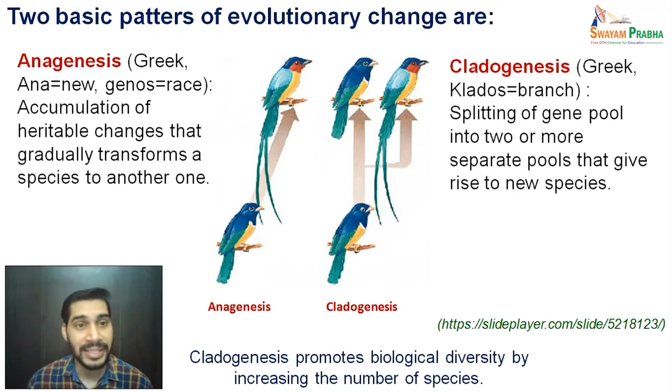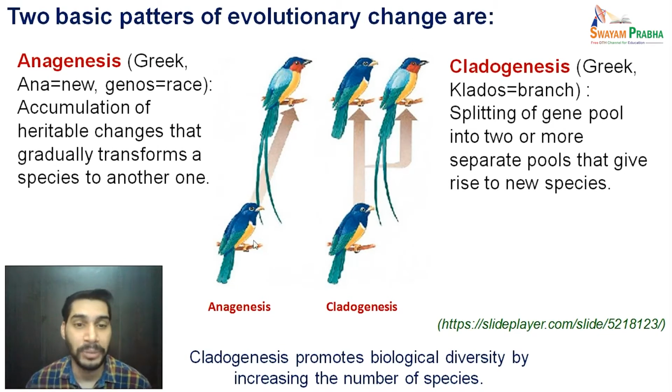Anagenesis is basically accumulation of heritable changes that gradually transforms a species into another one. It simply means that one species keeps on adapting itself to the environment. It keeps on accumulating various changes, and these changes are heritable in nature. So slowly it keeps on accumulating within the organisms, and ultimately it leads to a new species through transformations.